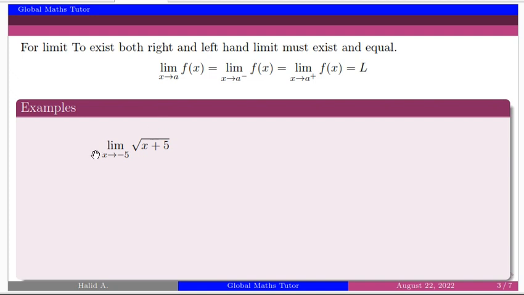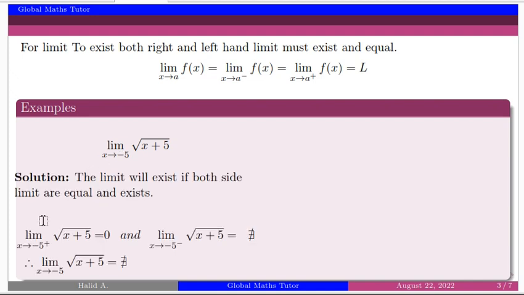So we say this limit doesn't exist, since the two one-sided limits are not equal. From the positive side it is 0, and from the negative side it doesn't exist, so the limit of this function as x approaches negative 5 doesn't exist. This is one-sided limits.